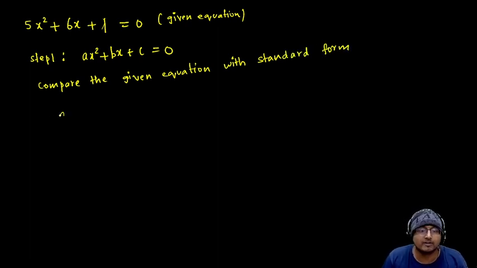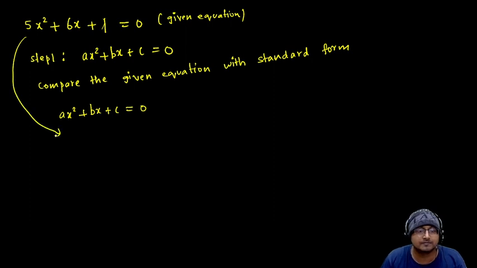So by comparing, what will we get? This is ax square plus bx plus c equal to 0, and the given equation is 5x square plus 6x plus 1 equal to 0.